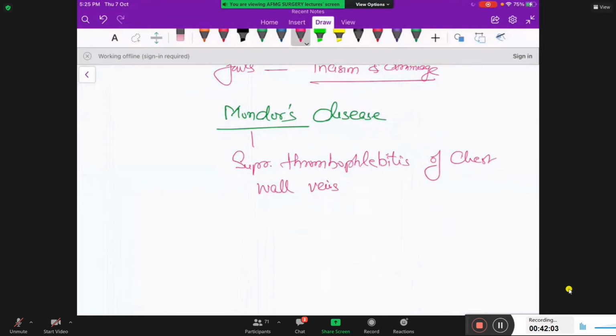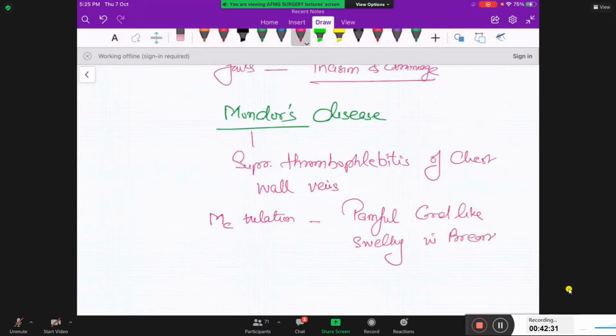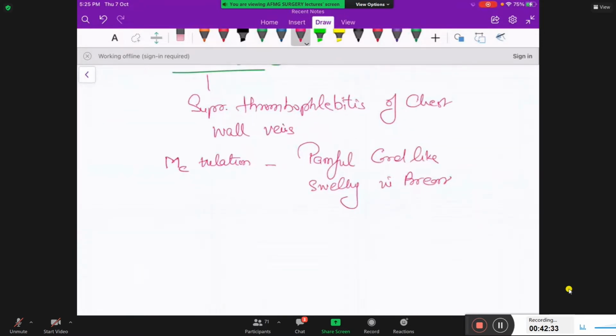Now, how does a patient present? This is a very classical, most common presentation of these patients: a painful, cord-like swelling in the breast.